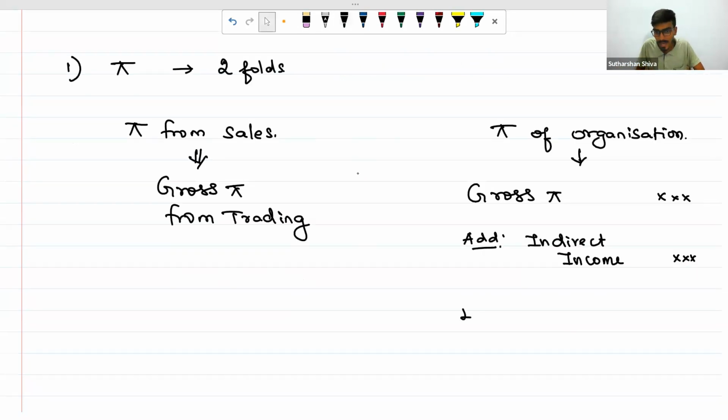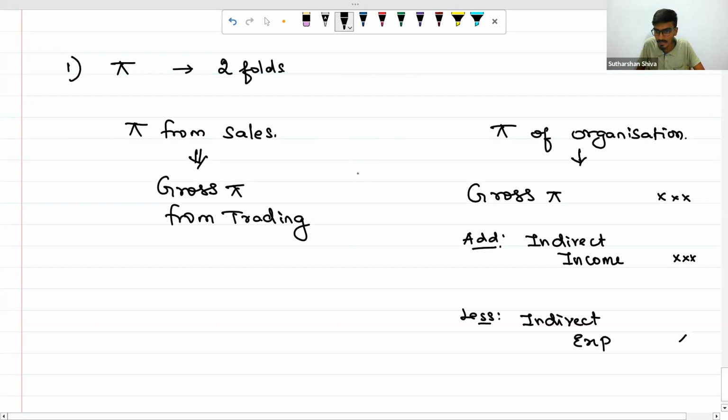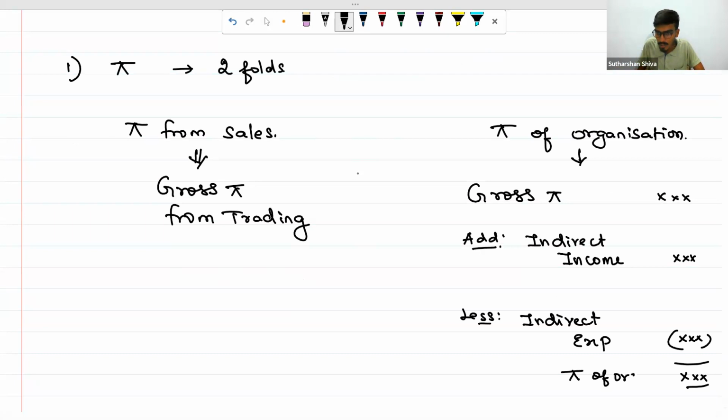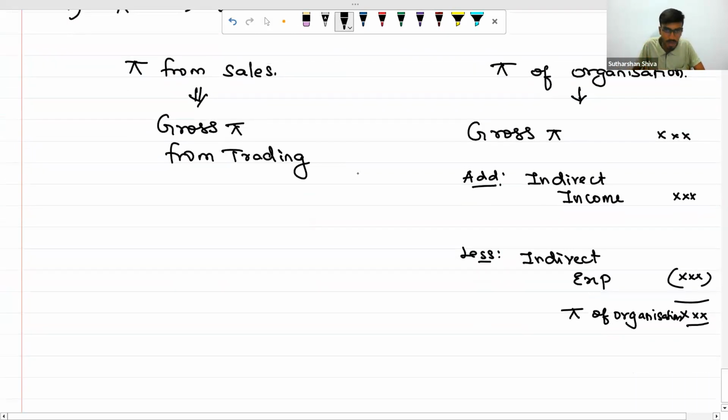From that, I will subtract my indirect expenses incurred to earn my indirect income or to make some sales. Then finally, I arrive at one point. That point is known as profit of organization, which is known as net profit.